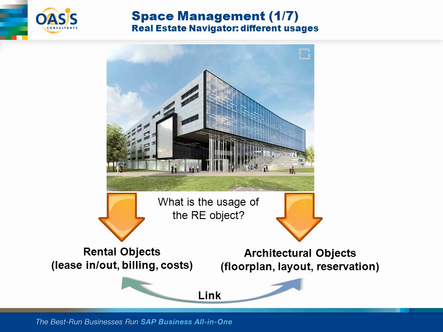On one hand, you can have rental objects. That's where you have lease-in and lease-out contracts, so rental contracts. On the other hand, real estate is also used to have a view on the architectural objects, so a floor plan, a layout of the room, and certain reservations. Naturally, those two are linked to each other.